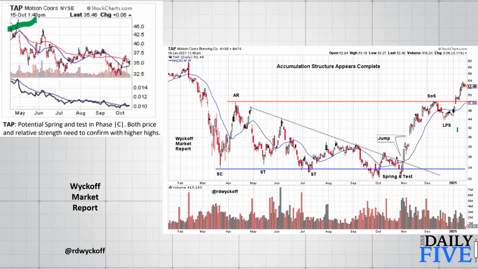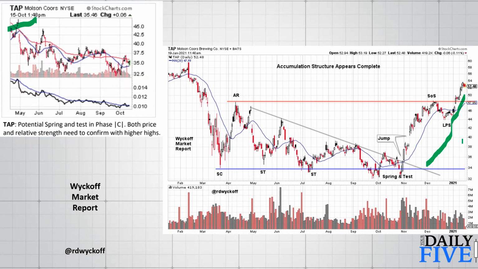A last point of support is a minor pullback, has trouble pulling back much at all, and then continues its really strong upward trend. Now it's up and out, may pause and have a backup above resistance, but we can see the dynamics of a stock that is closely held.